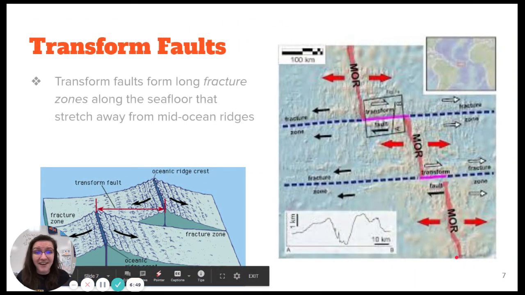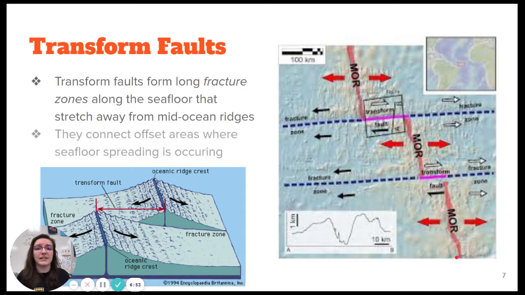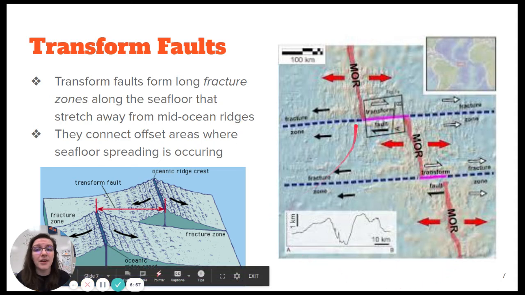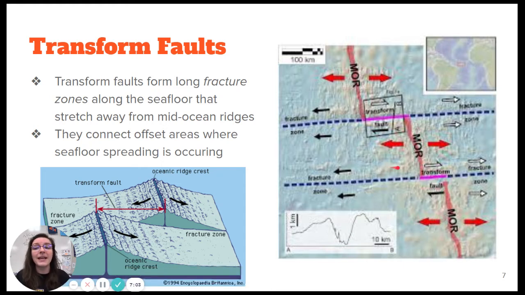Transform faults often happen where there are divergent boundaries, so along fracture zones. Lots of times the mid-ocean ridge isn't actually a nice straight line, but there will be little pieces of transform in between chunks of divergent boundary. So the seafloor is spreading, but one side is spreading slightly differently than the other side because the magma welling up isn't all coming up at the same speed.